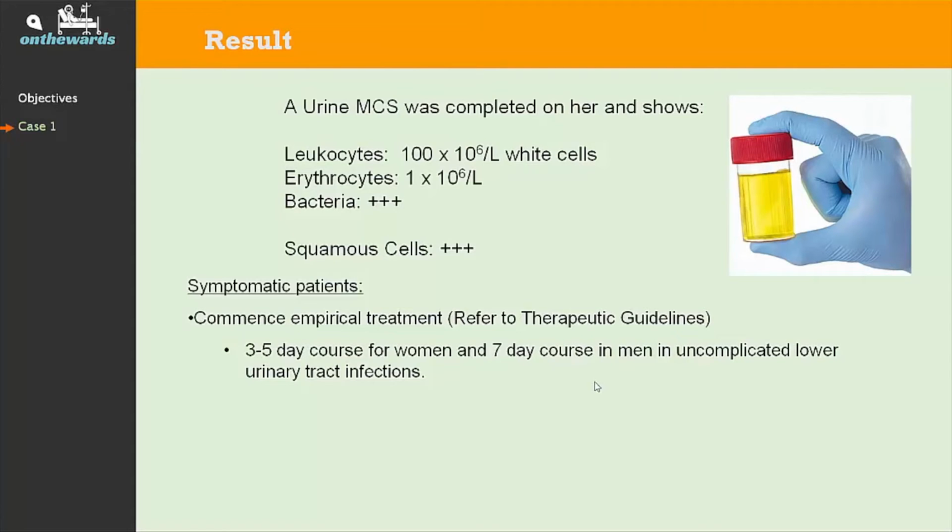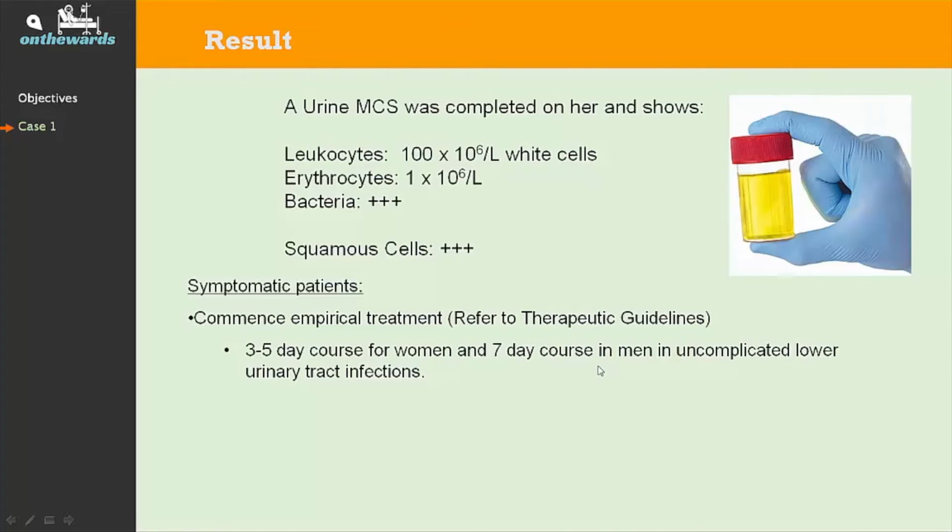And currently the first line for antibiotics is trimethoprim, but always bear in mind the patient's allergies or whether they've had a particular reaction to a particular antibiotic before deciding, and always ask the patient because then you can decide the best antibiotic to commence them on.